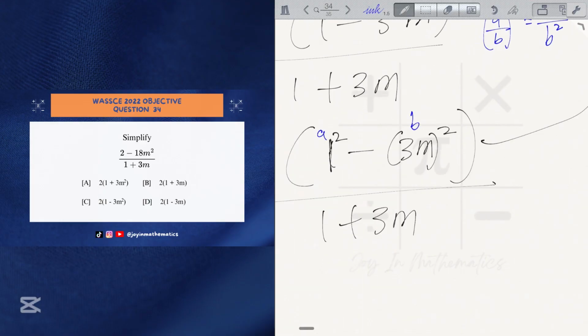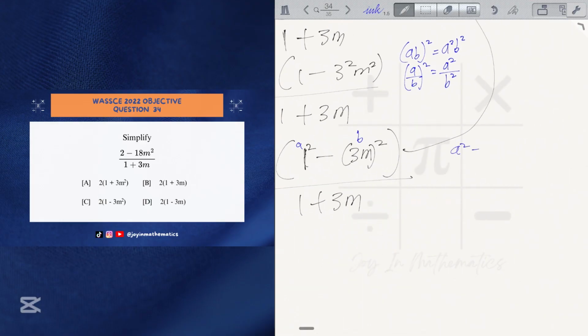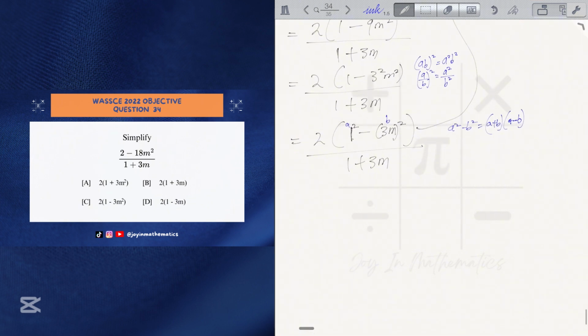So let's rewrite it: a squared minus b squared is equal to a plus b multiplied by a minus b. Applying this formula, we have 2 multiplied by a plus b, that's 1 plus 3m, because a is equal to 1 and b is equal to 3m, and a minus b will be 1 minus 3m, all divided by 1 plus 3m.